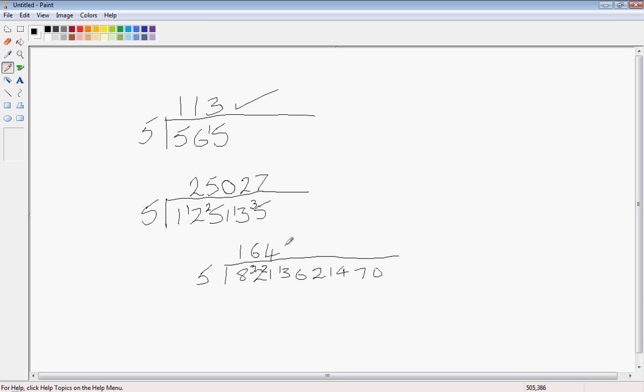5's into 13, I know 2 5's are 10, so that leaves me 3, which I carry over.